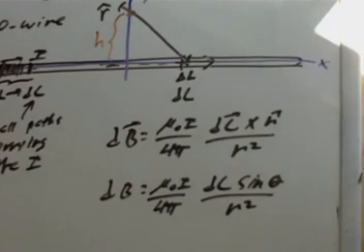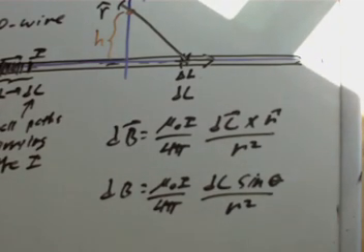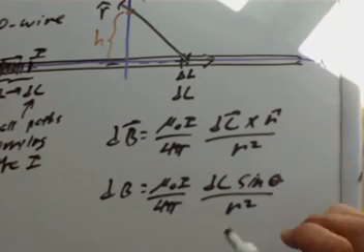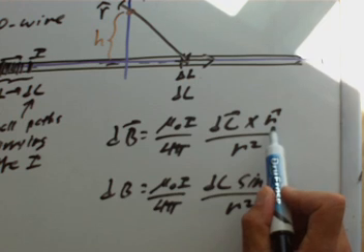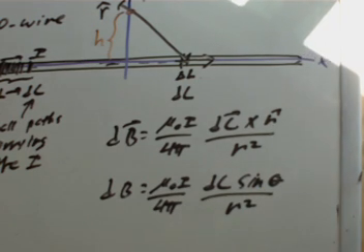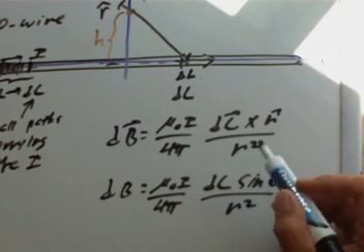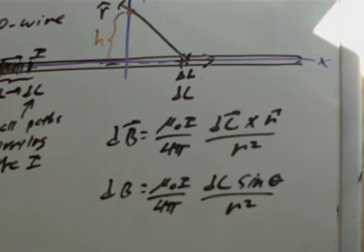And you're saying, oh wait a minute, I forgot to write the r hat. No, I didn't, because remember, the magnitude of r hat is 1. When we expanded dl cross r hat into a dl r sine theta, like A cross B is AB sine theta, the magnitude of r hat is just 1. So there's an implied 1 in here.